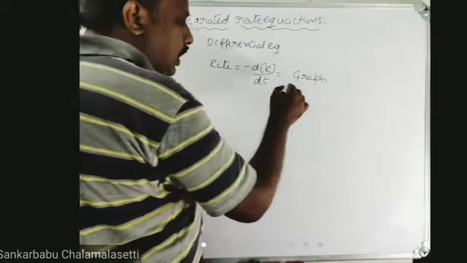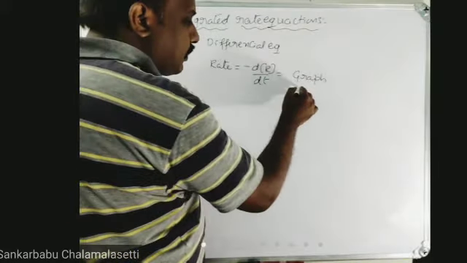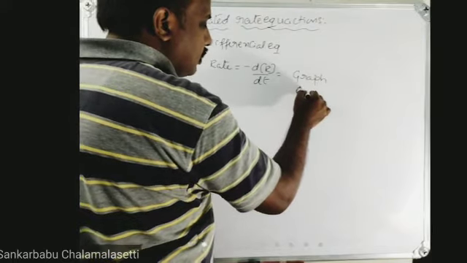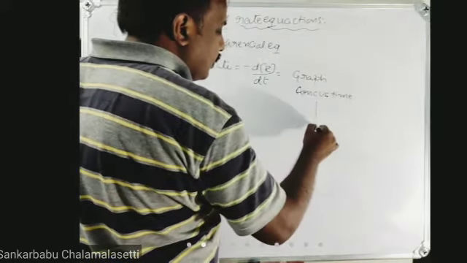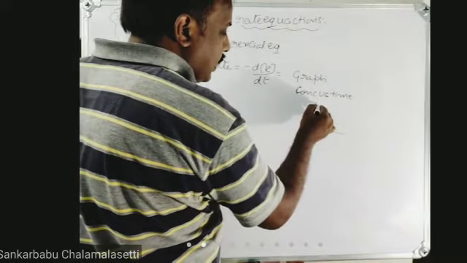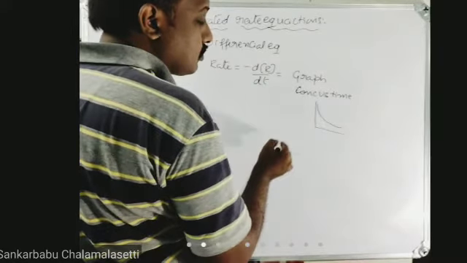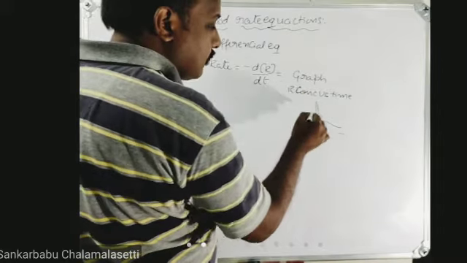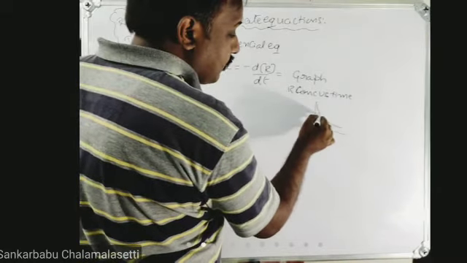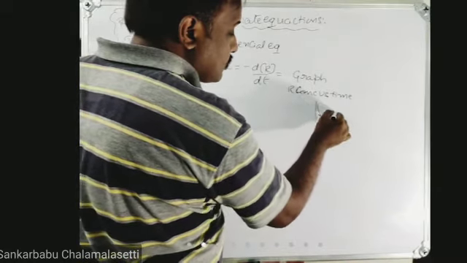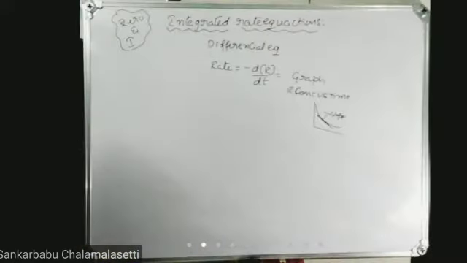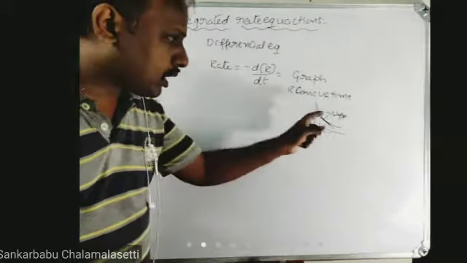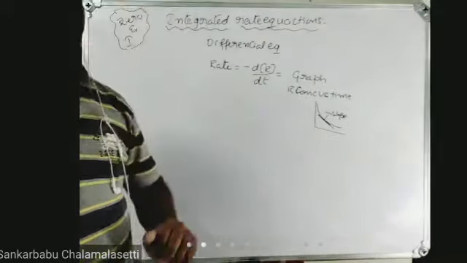In that graph drawn between concentration of the reactant versus time, if you draw a tangent, whatever the slope is there, that slope becomes equal to the rate.